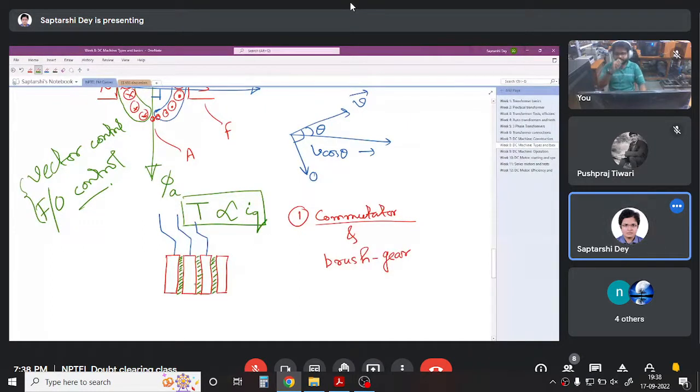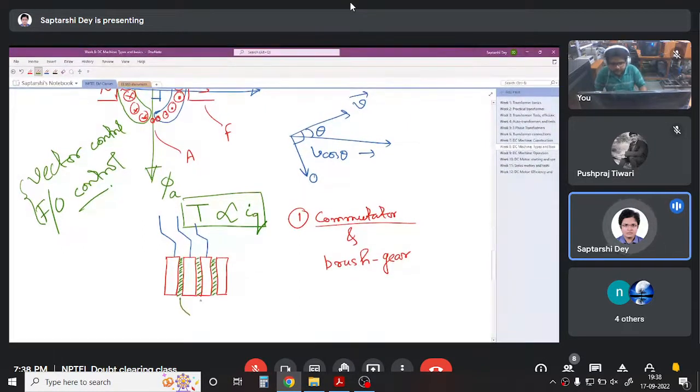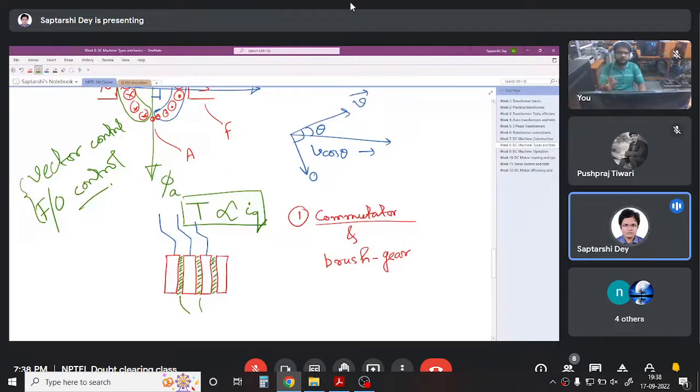But this insulation has a voltage blocking capability. What is the maximum voltage that this insulation can block? There is a limit. When we go for high power, we always prefer high voltage. Keeping the voltage the same, we could have increased the current to get high power, but handling current is very difficult, while handling voltage is relatively easy.